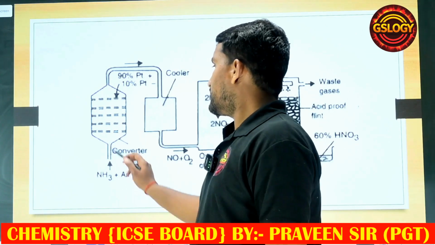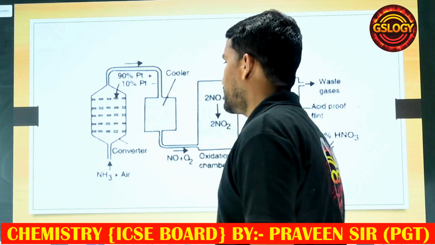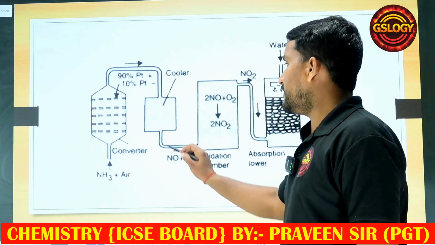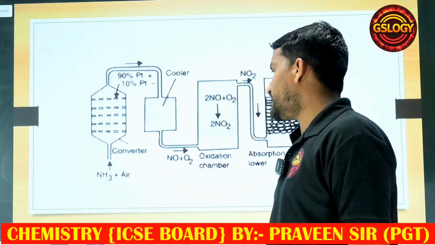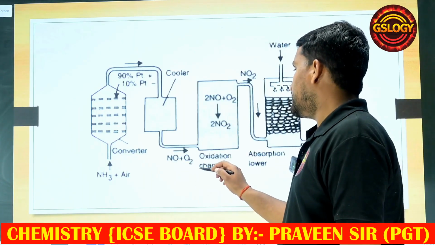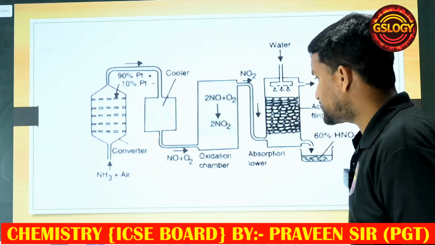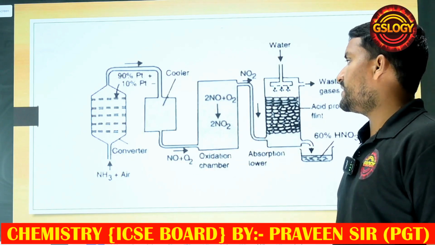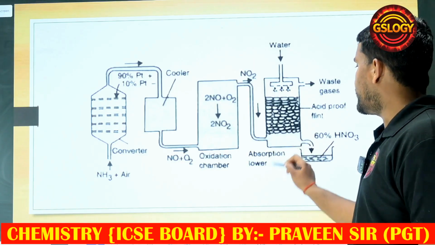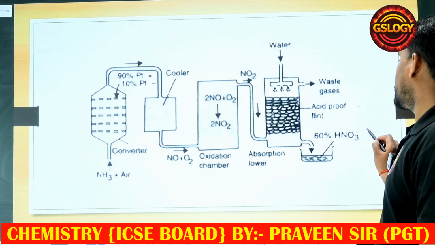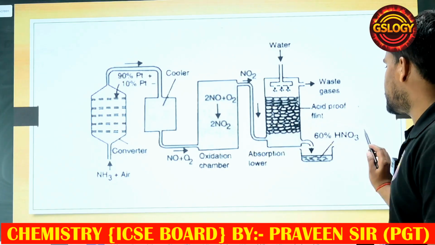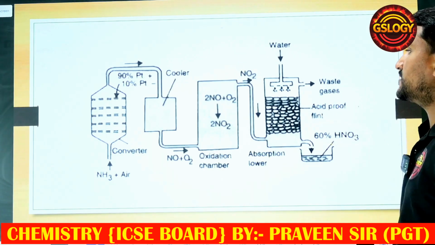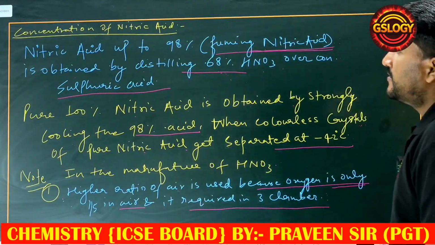Ammonia and air are passed over the platinum wire gauze, and then it forms nitric oxide, and further nitric oxide is oxidized into nitrogen dioxide in the oxidation chamber. Then nitrogen dioxide is transferred into the absorption tower and finally forms 68% nitric acid. That is the whole Ostwald process.